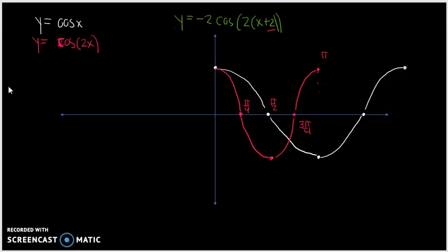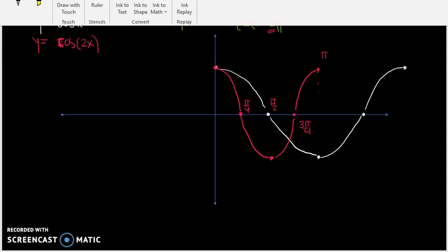Now let's focus on the phase shift. We'll do it in yellow. Everything is going to get moved 2 units to the left.